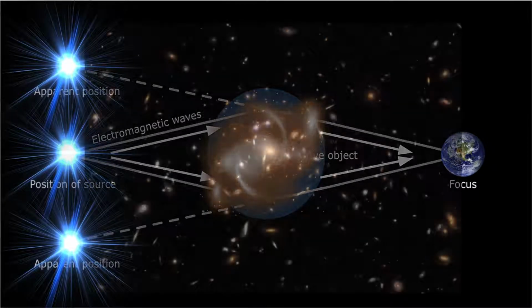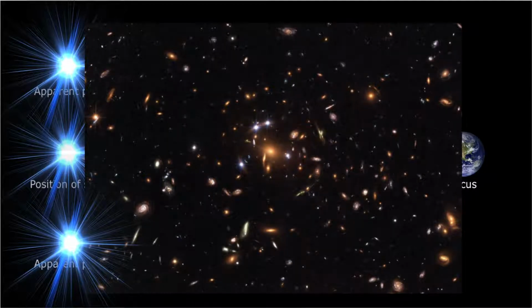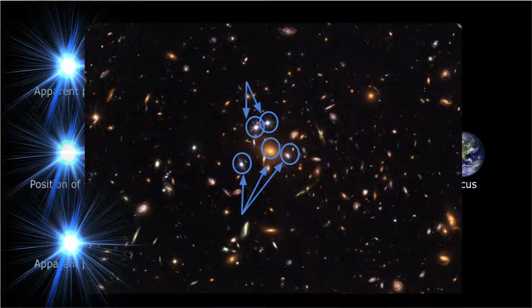This image is what we will see here on Earth. As you can see, there are 5 images of that one quasar due to the bending of light from the galaxy. They are here, here, here, here, and here. You can also see three images of one distant galaxy that is being replicated as well.